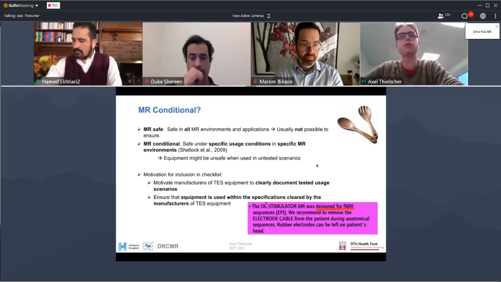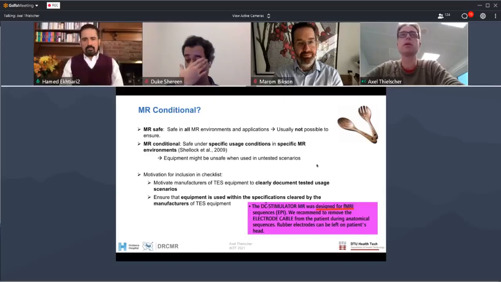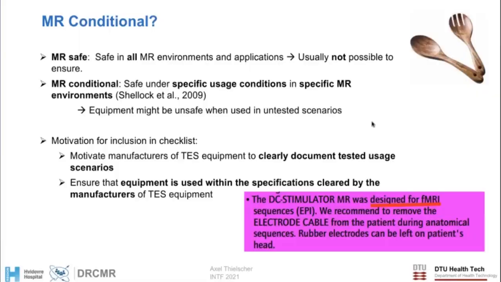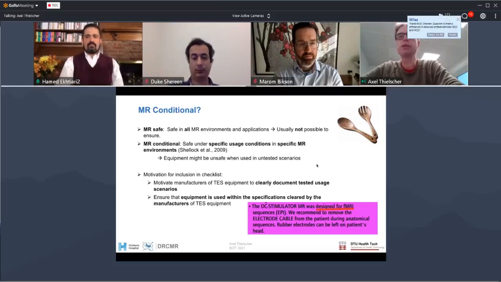So for that, I guess you can make the argument that this one is really MR safe, but for other equipment, especially equipment which has cables and conductive material, it's really difficult to come to the conclusion that it's really safe in all different usage conditions. That's why in the MR physics field, one talks about MR conditional, which means that it has been shown to be safe in specific usage conditions in specific MR environments.